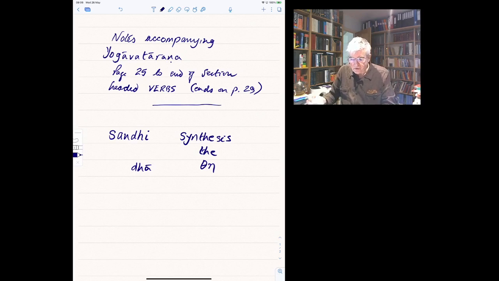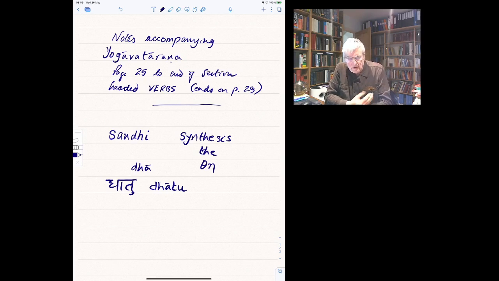So the verbal root is called a dhatu in Devanagari. Dhatu. Which is the same word used in Ayurveda for the 7 constituent elements of the body. Dhatu actually means something like an element, an irreducible minimum, rather like our word element, and almost down to atom.